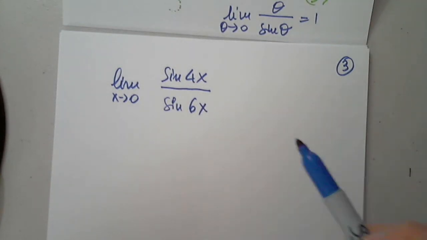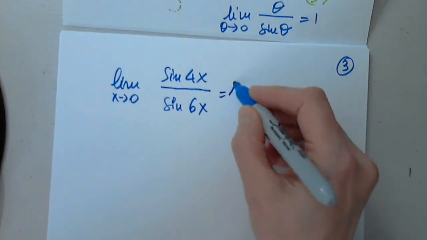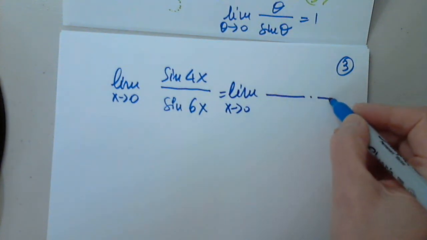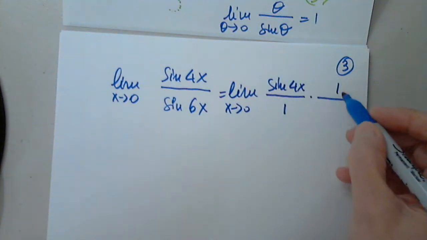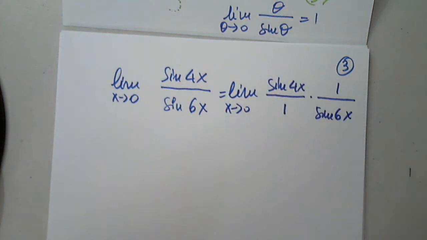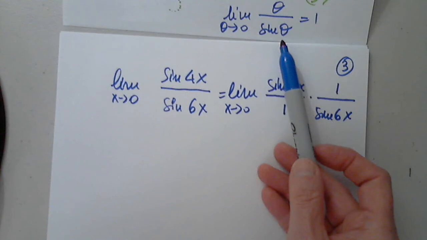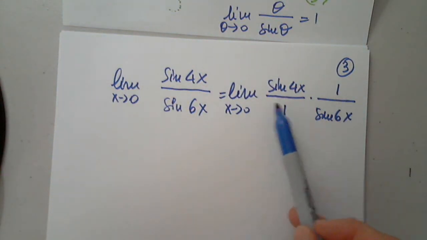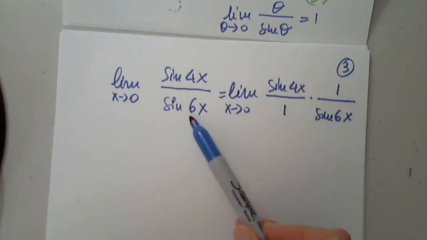So looking at this is what I see. The limit as x approaches 0. I didn't do anything. I just prepared the function for what I need to use. This is the same thing because sine times 1 is still this and 1 times sine is still this.